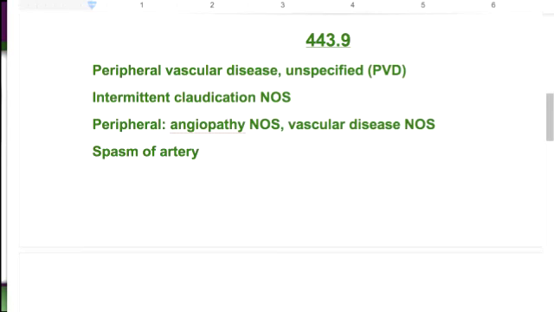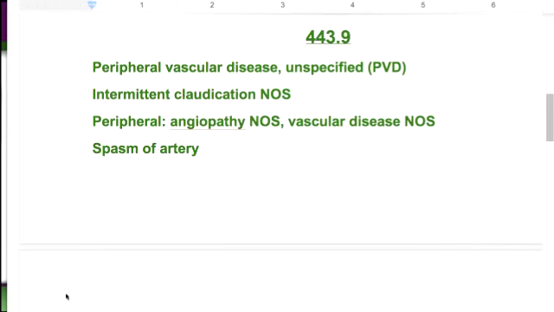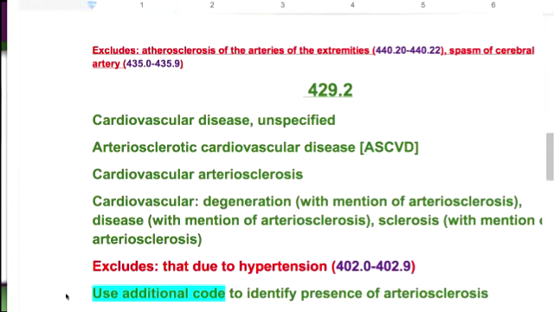Anything that he does to check the peripheral vascular system concurs or gives you additional documentation the person has 443.9, peripheral vascular disease. It's something you see pretty often, and again, if they've had it in the past, that means they've still got it.